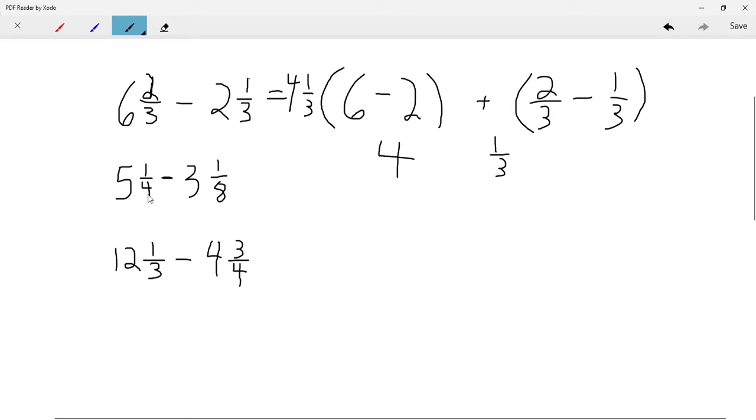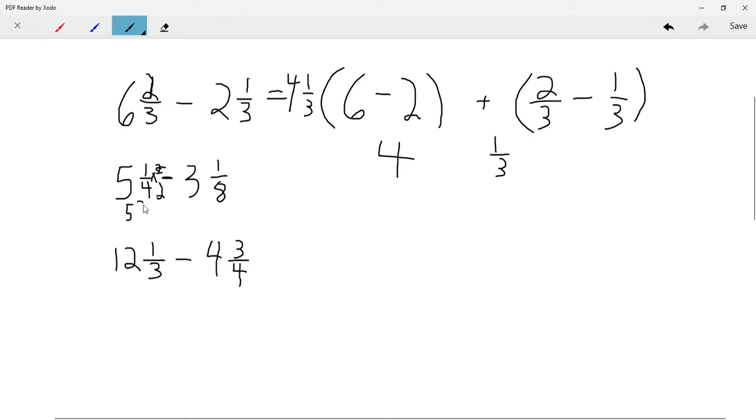I see that we have 4 here and 8 here, and the least common multiple of 4 and 8 would be 8. So I can multiply this by 2 over 2, and then 1 times 2 is 2, 4 times 2 is 8.